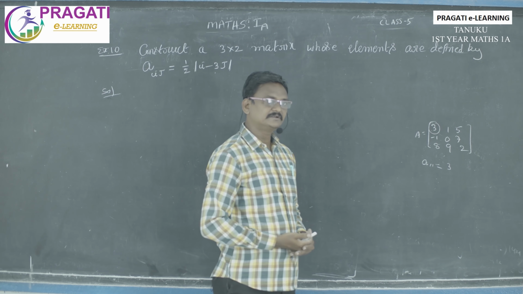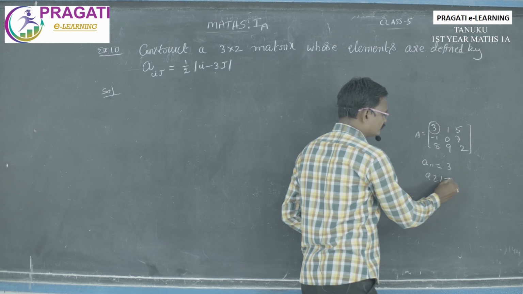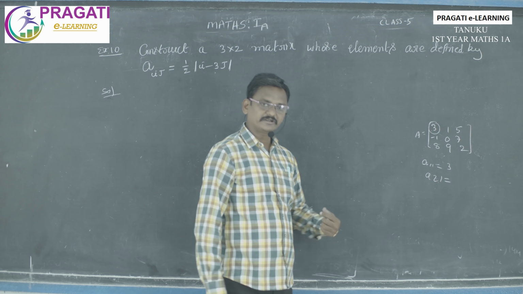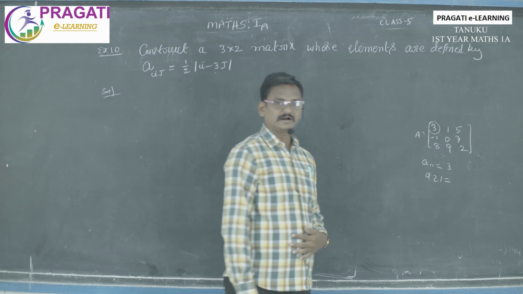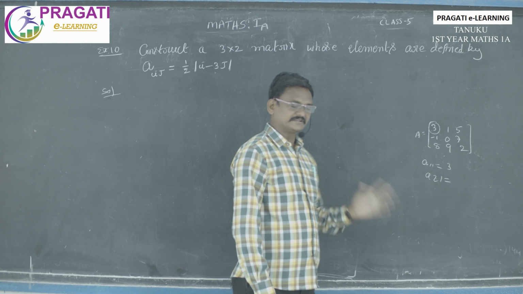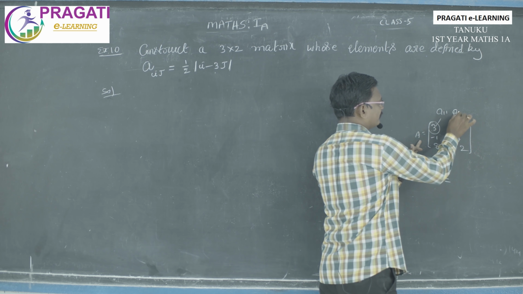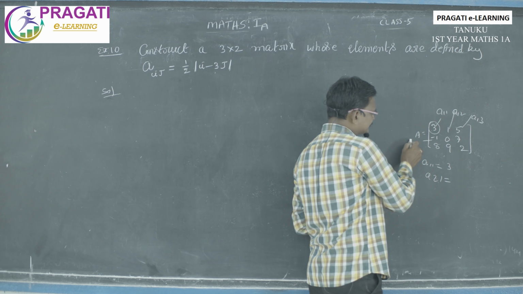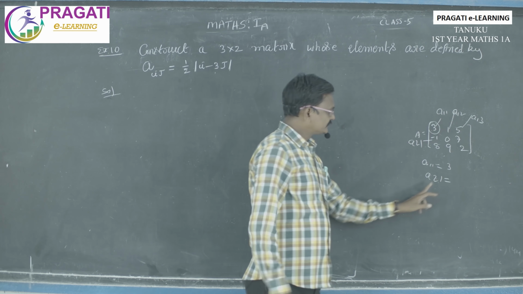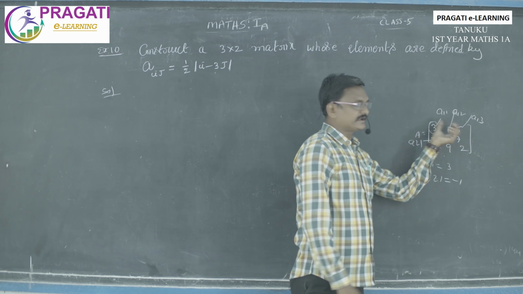Now in this matrix, suppose I want A21. That we can also write. A21 means second row, first column. This is A11, this is A12, this is A13, and this is A21. So the A21 value is minus 1. Likewise, we can write them.